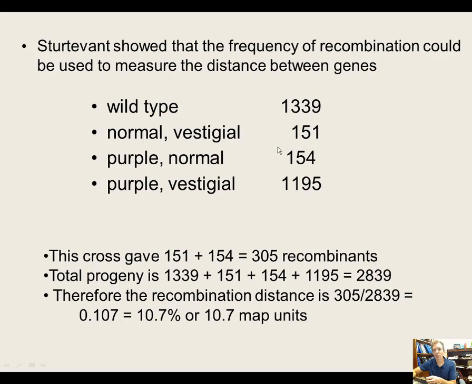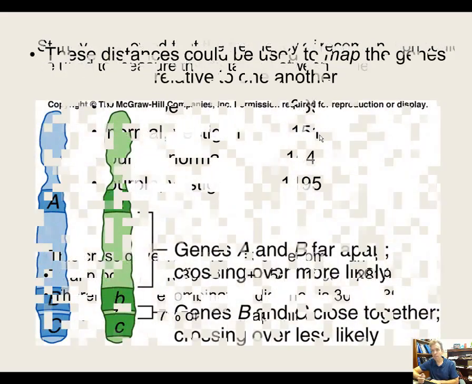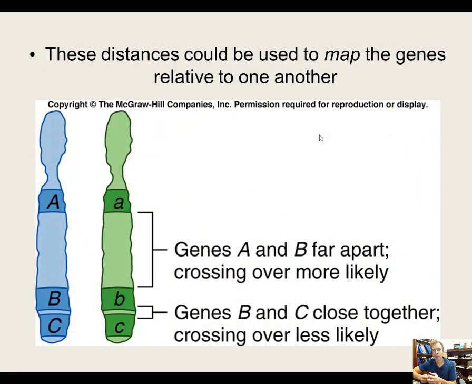The more recombinants that show up in the test cross, the greater the distance between the two genes, because there is more chance for recombination to happen. This is illustrated by this picture here. You can use this data to map genes against each other if you perform crosses.